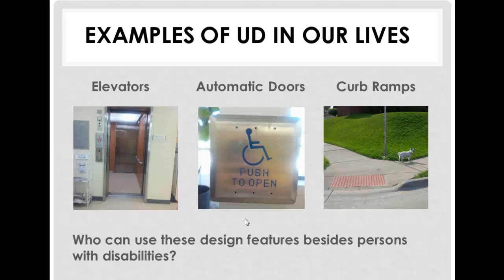You'll see curb ramps, and curb ramps, of course, are good for somebody who is in a wheelchair, but if you think about it, somebody who's pushing a baby stroller. My mother, in her last year, when she was having so much trouble getting around, even one step was difficult. So that kind of a curb ramp is very, very helpful.